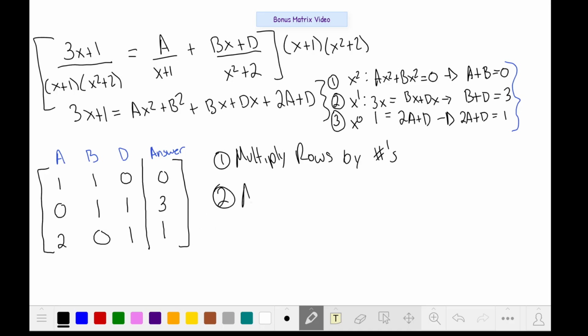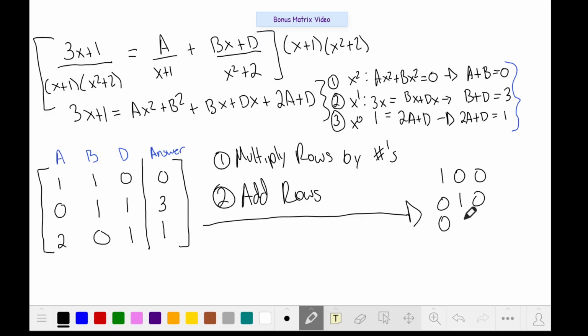So we can add rows together. And these are going to be the things that we do to help us solve this equation. So basically, we want to multiply rows by certain numbers and then add them to other rows so that this matrix will look like 1, 0, 0, 0, 1, 0, 0, 0, 1.